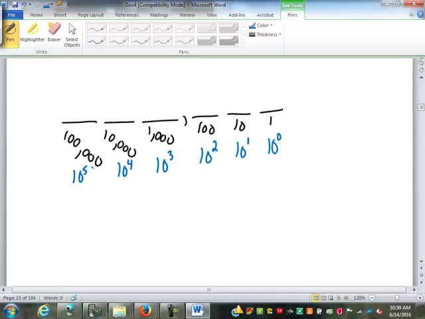This is what we call a decimal number system, or sometimes called base 10. The word decimal means base 10. The place values are powers or exponents with a base of 10, and then the power is going from 0 on up as you go to the left.